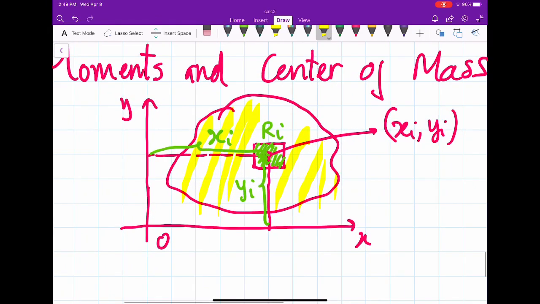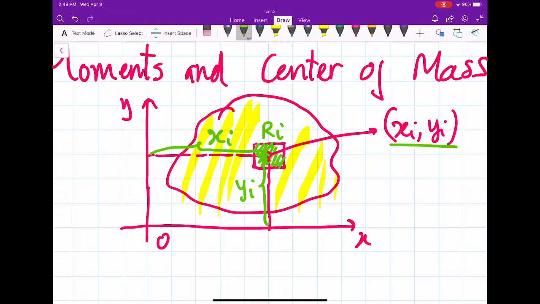We have Ri, where Ri is some square in our partition, and that is corresponding to the point xi, yi, right? So we know the mass of this Ri.